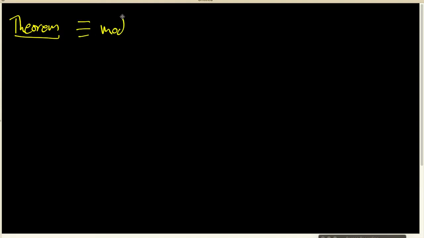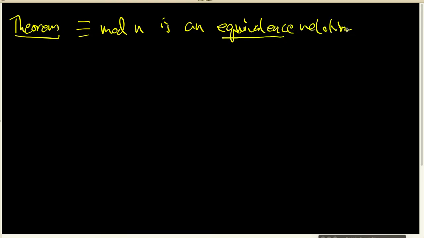Congruency mod n is an equivalence relation on the set of integers. And I actually want to look at the proof of this. Now, an equivalence relation has three properties. An equivalence relation has to be reflexive, symmetric, and transitive. So to prove that congruency mod n is an equivalence relation, we have to prove each one of those things.